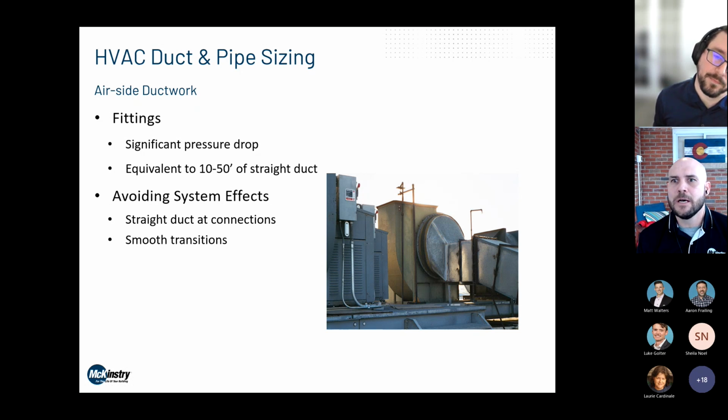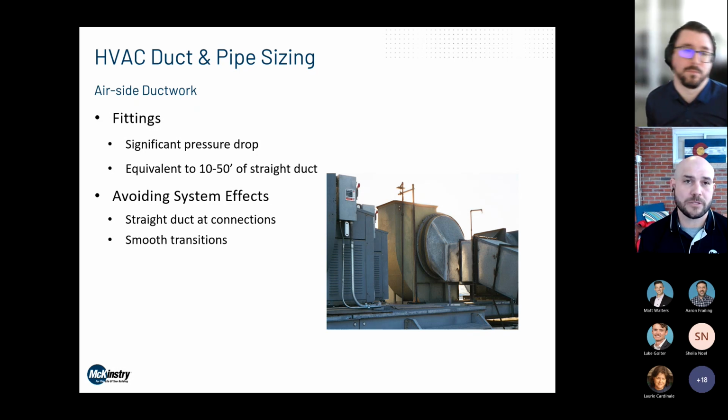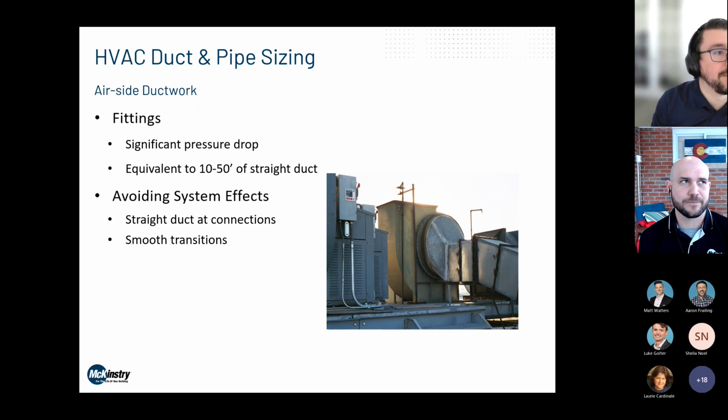Matt, to your question, it depends on the system, and oftentimes where equipment is located relative to spaces that have acoustic requirements. So you probably wouldn't want to have an air handler room right next to maybe a band or a chorus room in a school, for example, or a testing facility or something like that.